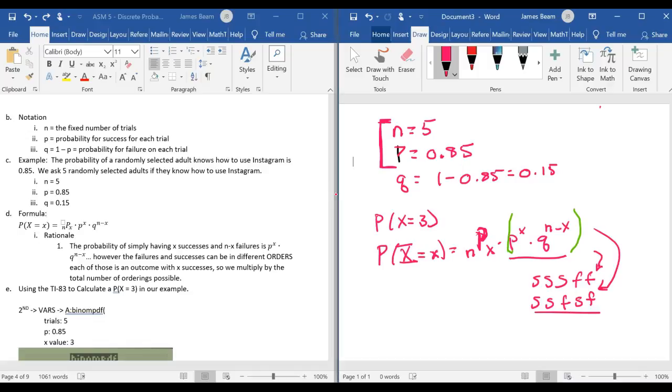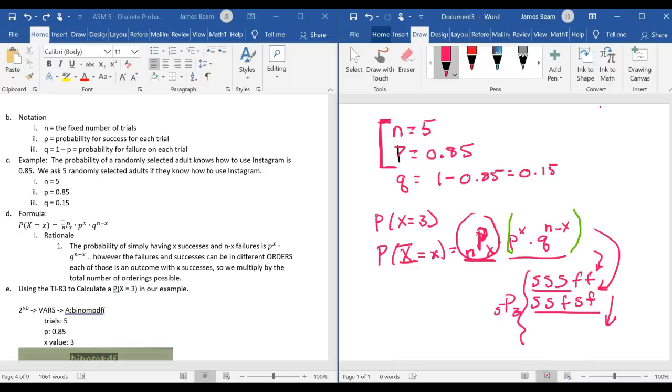Out of 5, 3 of them have to be successes. How many different ways can I order 3 things given 5 slots? This is why I get the nPx. If I were to list out all of these, there would be 5 permute 3 of these possibilities. So that's where this comes from.